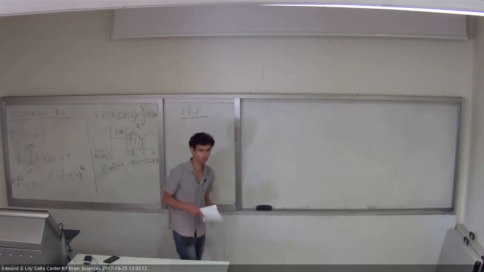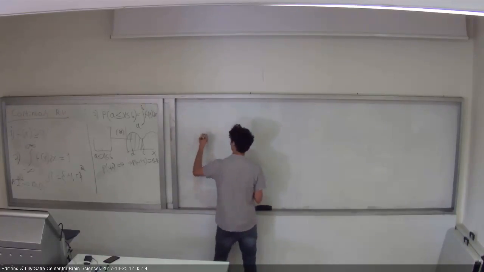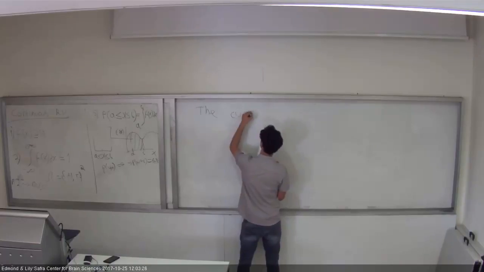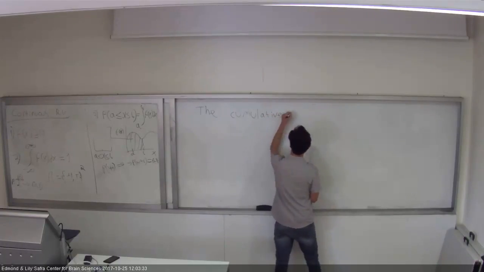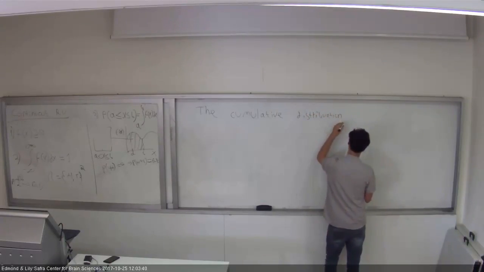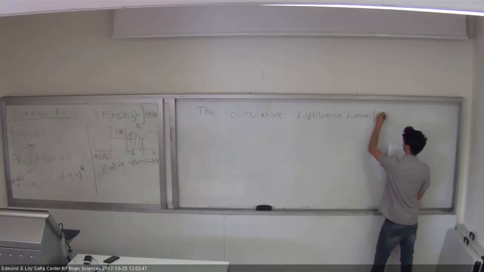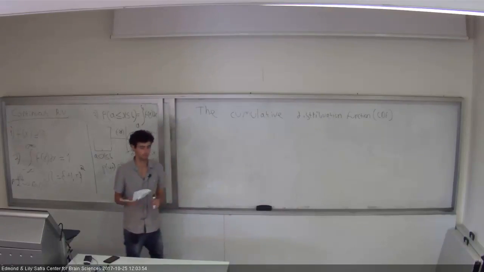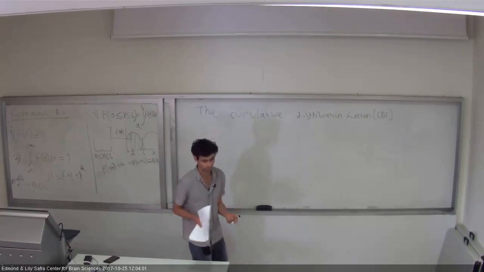Now let's talk about the cumulative distribution function, or the CDF of some random variable X. We will first define it for the discrete case and then for the continuous one.